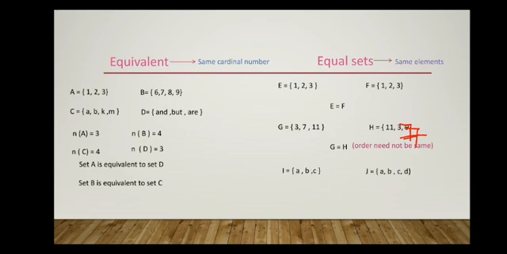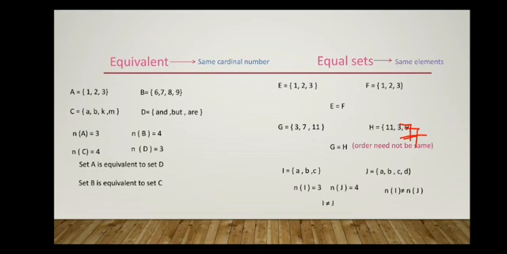Now, see these two sets. I is equal to {A, B, C}, J is equal to {A, B, C, D}. So J has all the elements of I, but it also has an extra element, that is D. The number of elements of I is 3, and of J is 4. The cardinal number is not equal, so they are not equal sets.